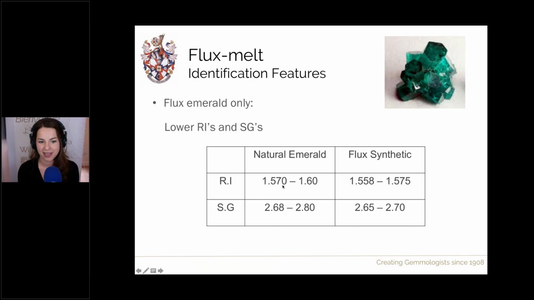And the same for SG as well. The specific gravity of natural tends to be a little bit higher than your flux synthetics, and again, there's just a slight overlap of 0.03. So that can be a handy extra test to do as well.